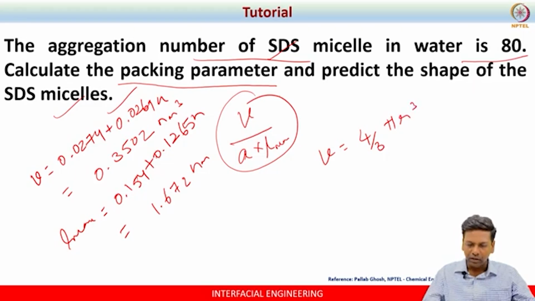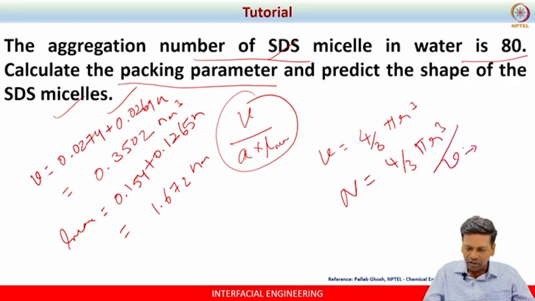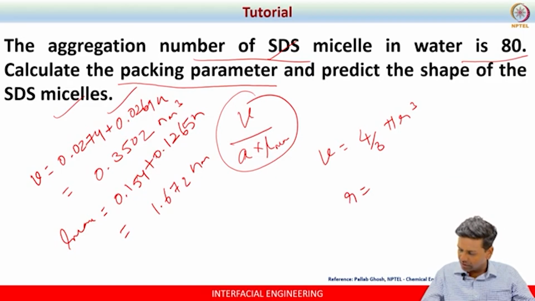Which means that n is nothing but 4 by 3 pi r cube divided by the volume of individual surfactant. Since we know n, that is 80, and v as well, we can calculate r, the radius of the micelle in this case.